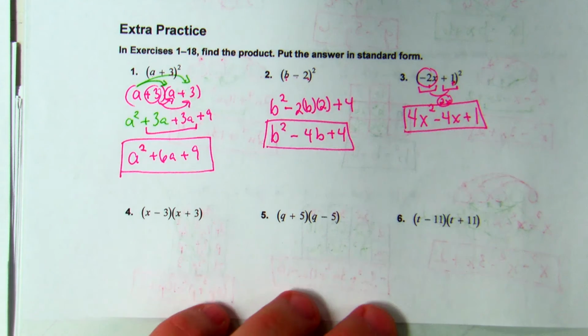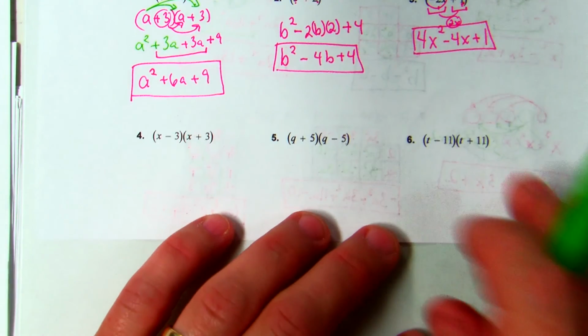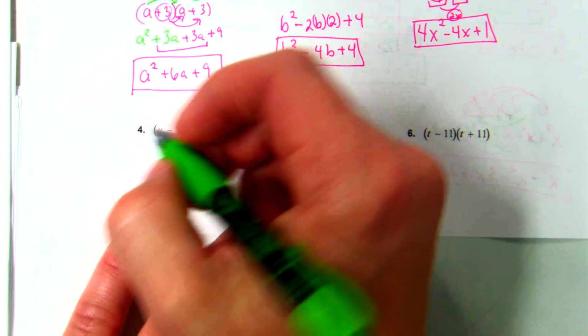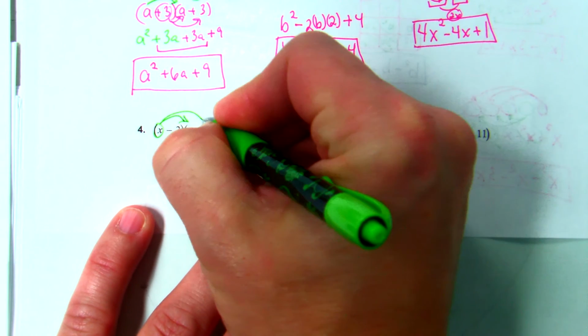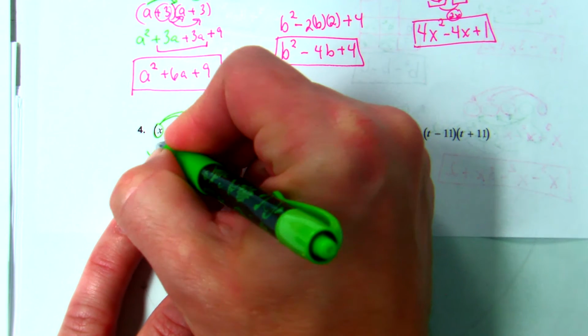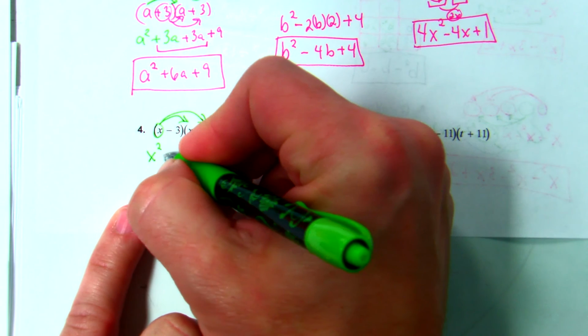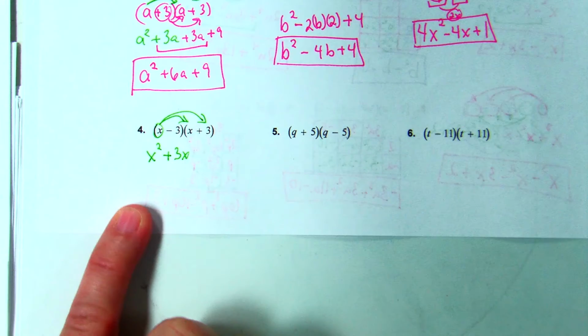Okay, on to number 4. On number 4, we have a difference of squares. And we'll work this one out like we did before. If we take x times x and x times 3, we have x squared, and then we'll have a positive 3x.